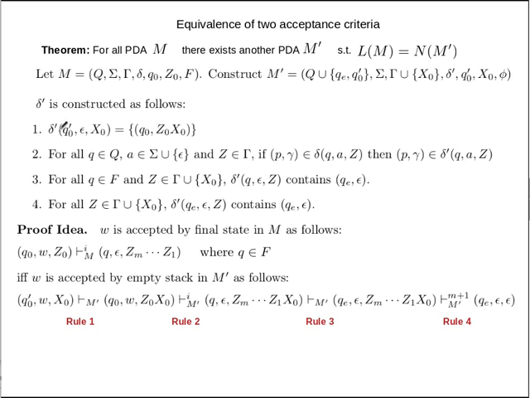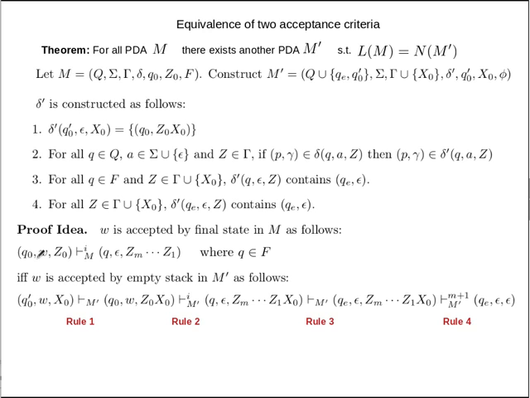Okay, so this delta prime is for M prime, and this epsilon transition just changes the state to q0. See, q0 is the start state for M, right? And it pushes this Z0, right? So it replaces X0 by Z0 X0. That means it just pushes Z0 over this X0, right?